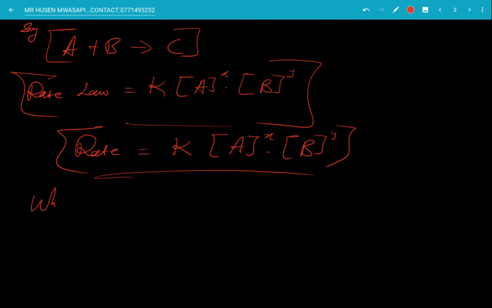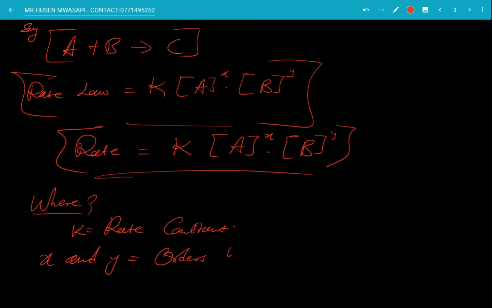From the equation, K is what we call the rate constant, and X and Y are simply the orders with respect to each reactant.